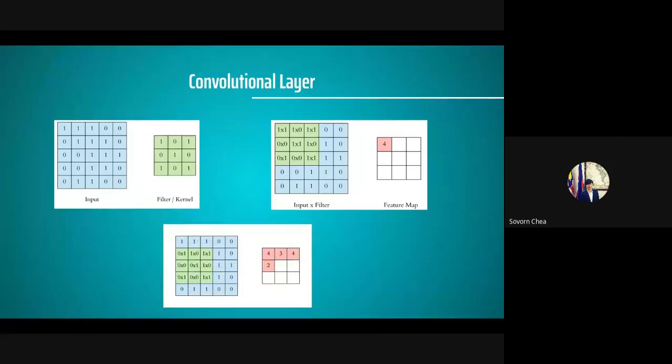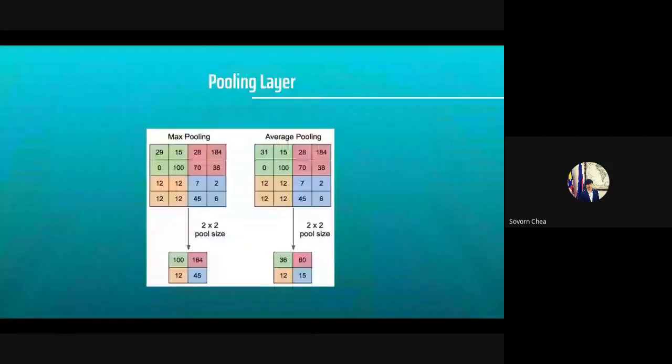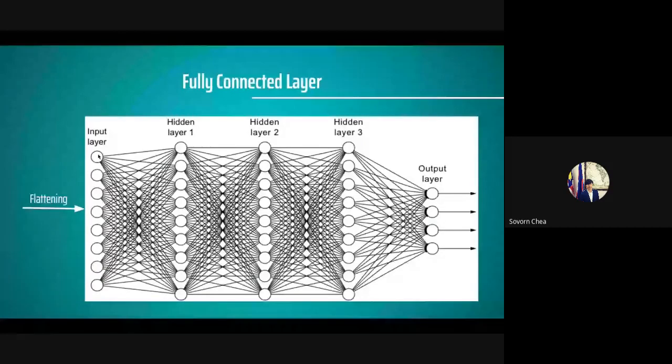So the last one is the fully connected layer. It takes the output from the previous layer, and then we flatten the array into one single vector so that it can be put into the neural network. Here it's like a normal neural network.